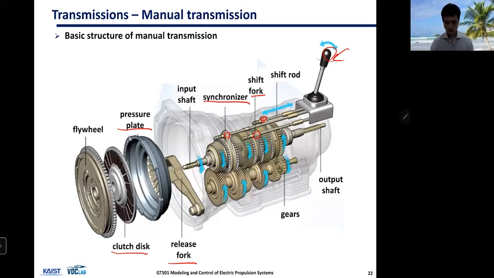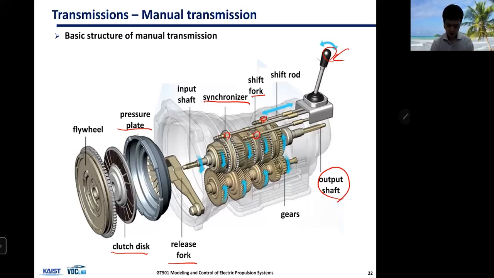And the synchronizer is basically the actual connecting and disconnecting mechanism between this output shaft and the gears.